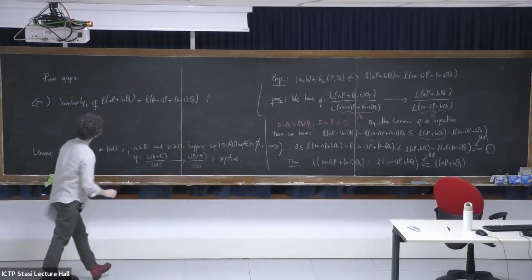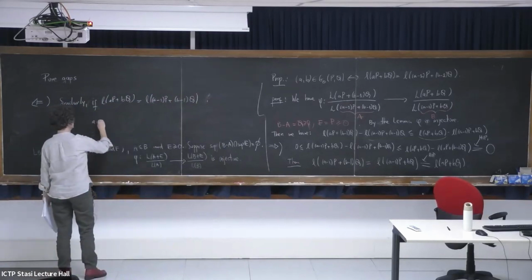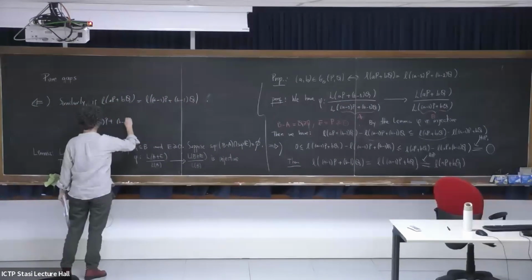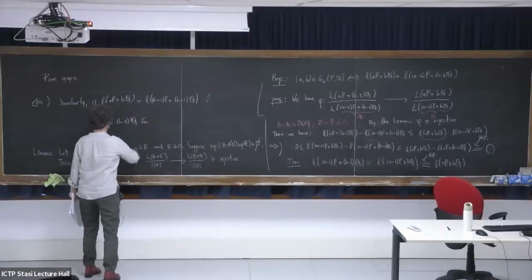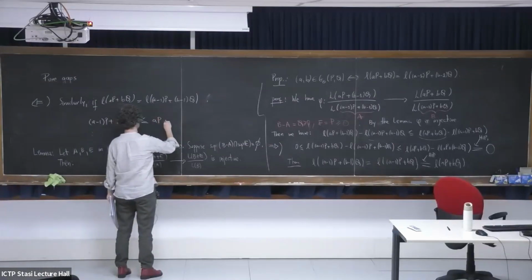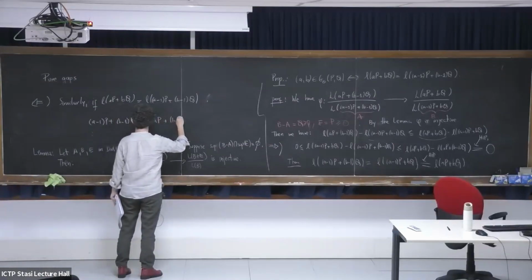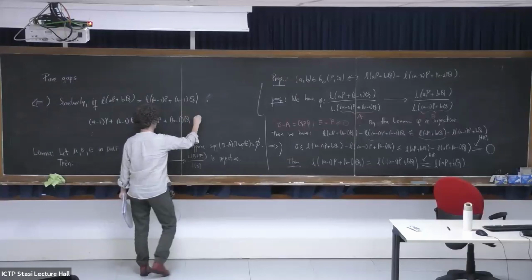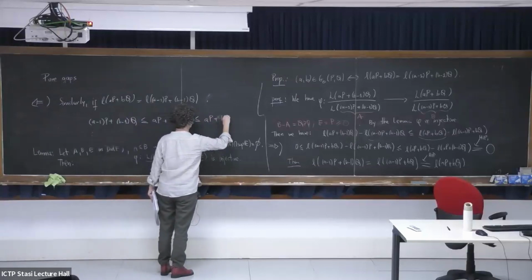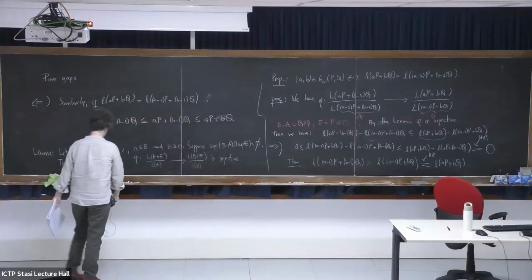Then you look to this one. Now you just have that this, right? So this divisor is always smaller than this divisor. And this divisor is always smaller than this divisor. Okay?